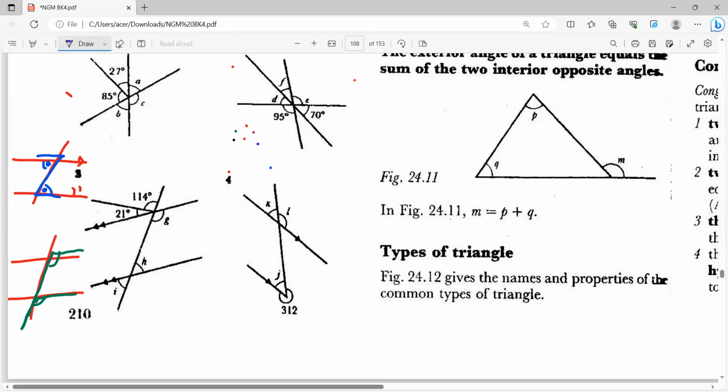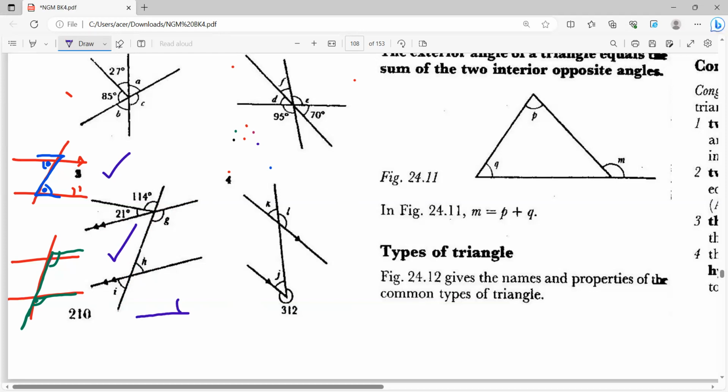Okay. So now we have a tricky situation here. We have our parallel lines, so the laws of the parallel lines can be applied. But here they just gave us this outer angle. There's another law that we need to implement.